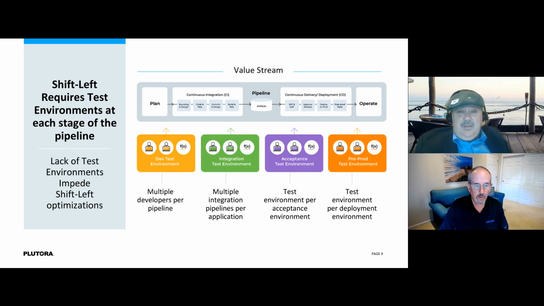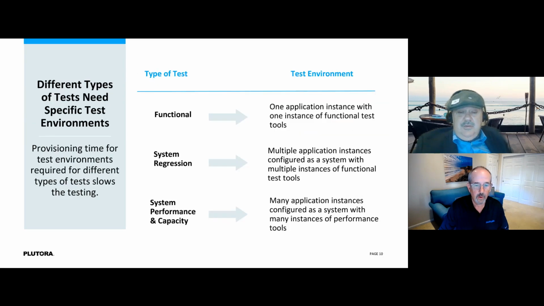As you get more accelerated test pipelines, you're going to need to have really good testing all the way through the value stream. Well, in fact, the tests vary, right? I mean, the test requirements vary depending on where you are as well. Yeah. So this chart basically indicates there's really no one size fits all for test environments. Different types of tests require different types of environments.